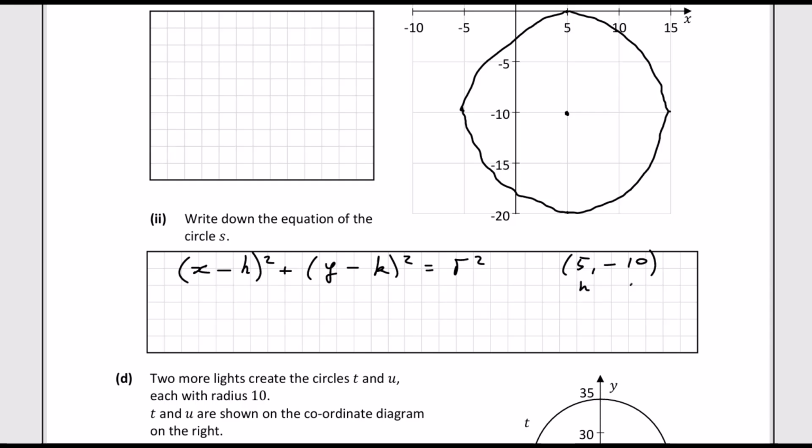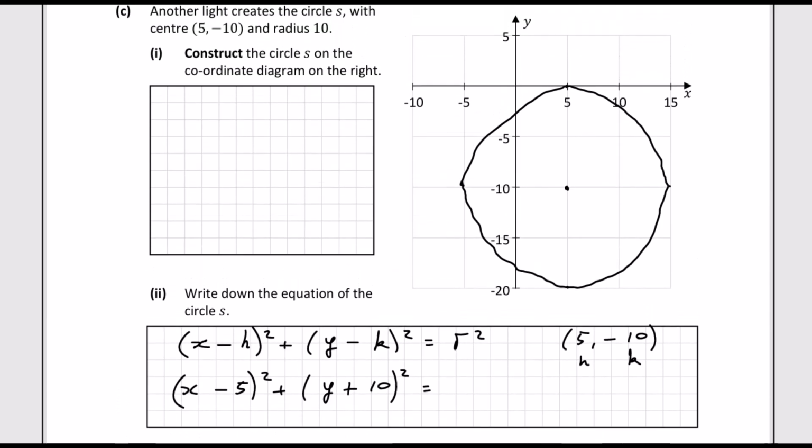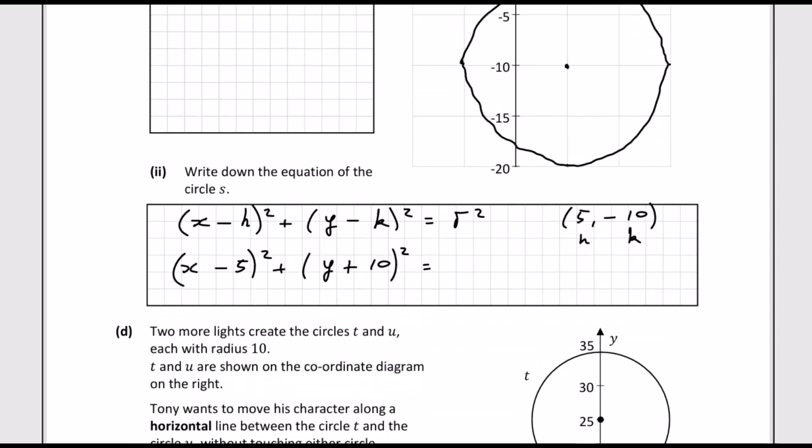So this is h and this is k here. So it's going to be x minus 5 to be squared plus y minus minus 10, so that's plus 10, to be squared, is equal to the radius squared. So the radius we're told here is 10. So square 10, you get 100. That's the equation of our circle S.